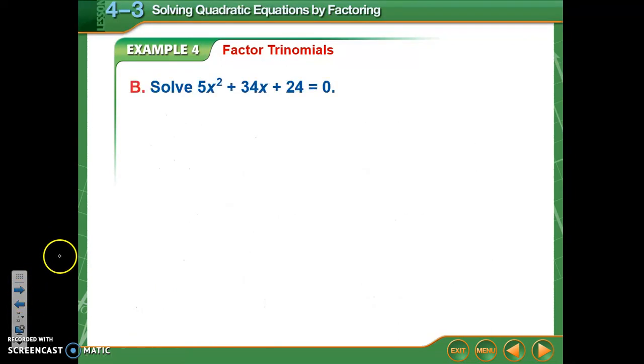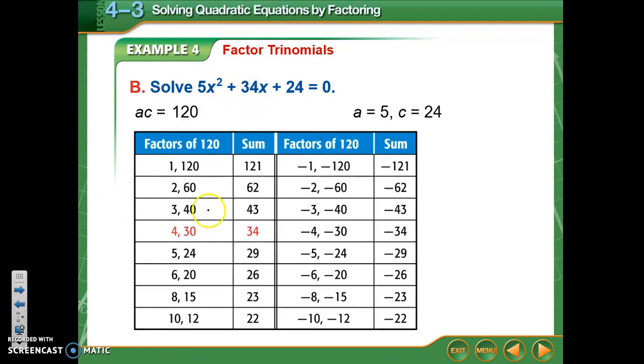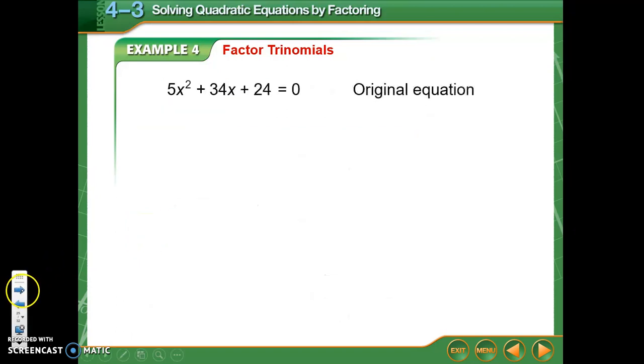All right, what do we do when there is a number a that is not equal to 1? Well, remember that we multiply 5 times 24, so I'm looking for two numbers that multiply to 120 and add up to 34. This takes a long process. I'm not going to go through the whole thing right now, but here they have all of the factors of 120 listed out. The ones that add up to 34 are 4 and 30. So we're going to do the same thing we did in the last example.